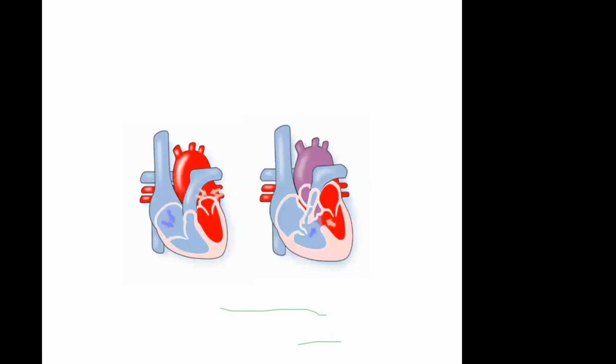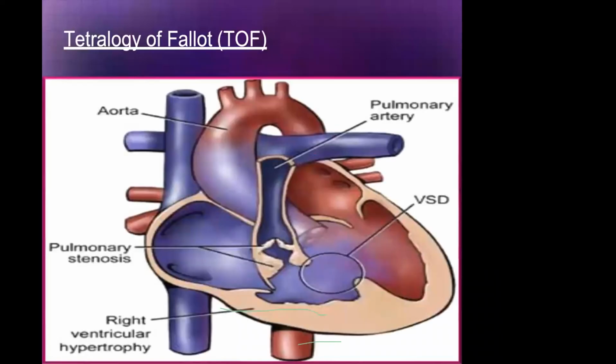So now you can notice the difference between the TOF and the normal circulation. So what is happening over here? As I already said, it's all about imagination. If you are able to imagine well, you will not have any problems at all.